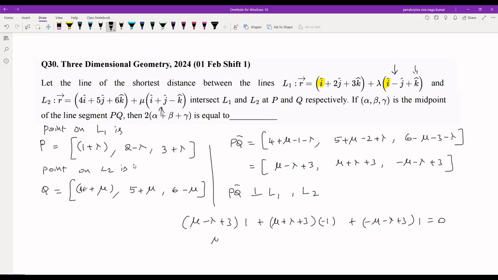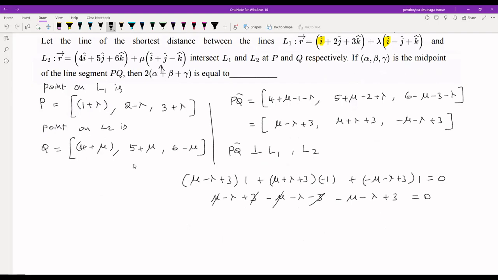Now if you simplify this, mu minus lambda plus 3 minus mu minus lambda minus 3 minus mu minus lambda plus 3 equal to 0. Minus 3 plus 3 cancel, and minus mu plus mu cancel. You can see a particular equation, minus 3 lambda minus mu plus 3 equal to 0. Say it is first equation.